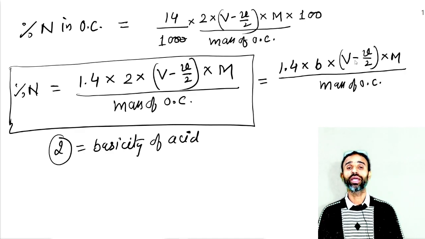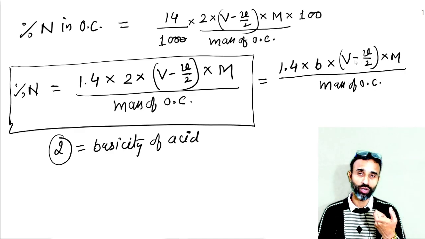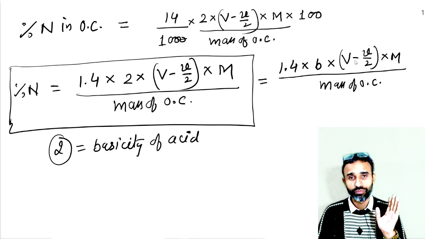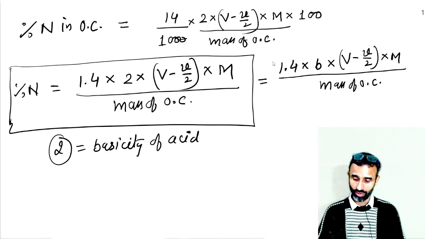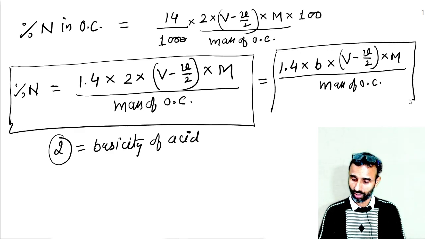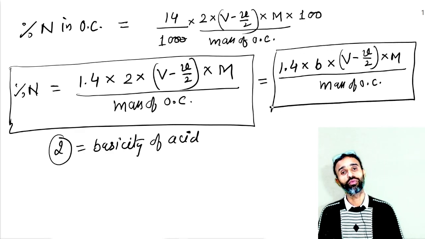Now sometimes the volume of NaOH is not given. If the volume of sodium hydroxide is not given, just put it 0. So this is the formula to calculate the percentage of nitrogen by Kjeldahl method.